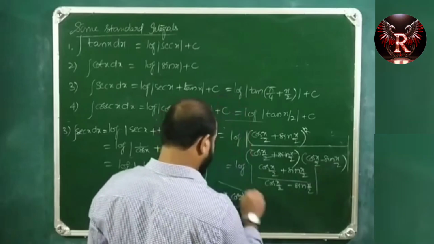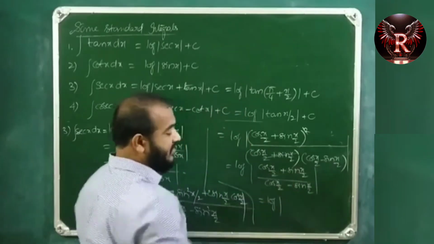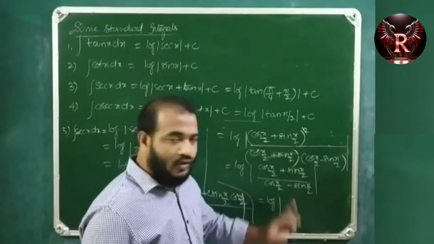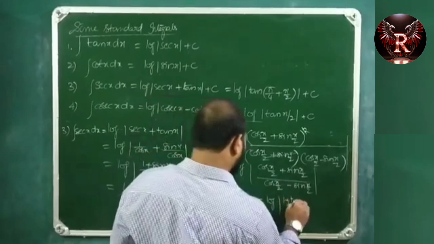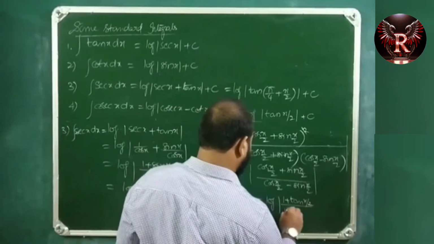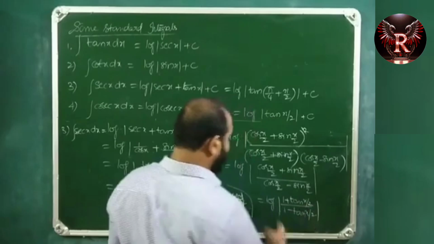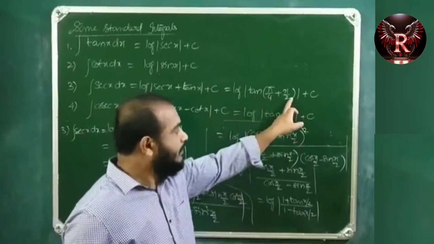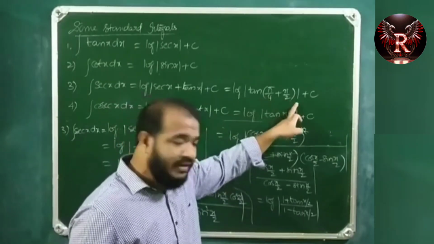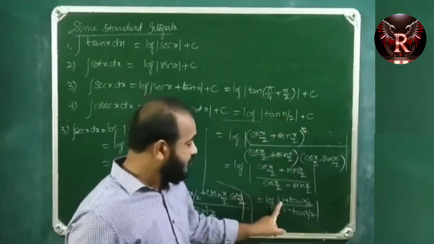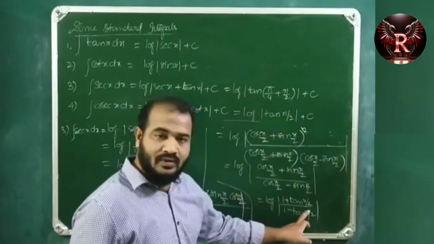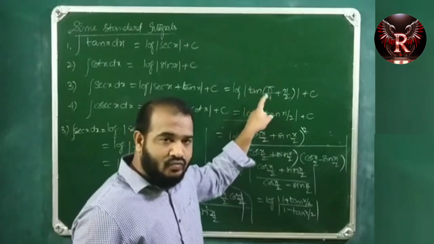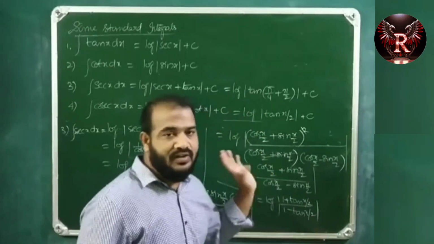If you divide by cos, cos by cos is 1, sin by cos is tan. So this is 1 plus tan x by 2 by 1 minus tan x by 2, and this can be written as log tan of pi by 4 plus x by 2. Since tan of a plus b is tan a plus tan b by 1 minus tan a tan b, tan pi by 4 is 1, so 1 plus tan x by 2 by 1 minus 1 into tan x by 2. So this is what we have got.